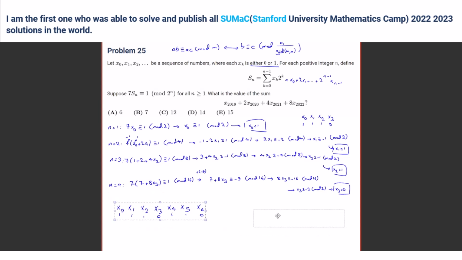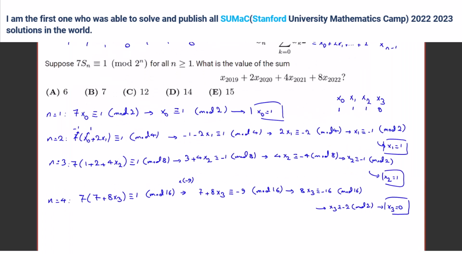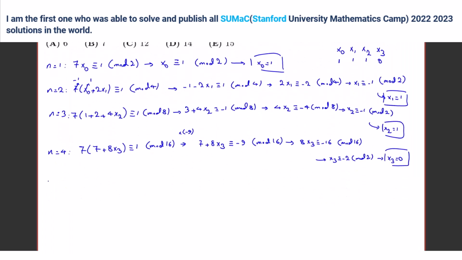And now let's do something. Let's calculate other cases together. For n5, you should say 7 times 7 plus 8, 16x4, right, is congruent to 1 mod 32. Agreed? Yeah. Then for 7, we can multiply first by 5. So 5 times 7 is 35. So it's 3 plus 16x4 is 5, right?